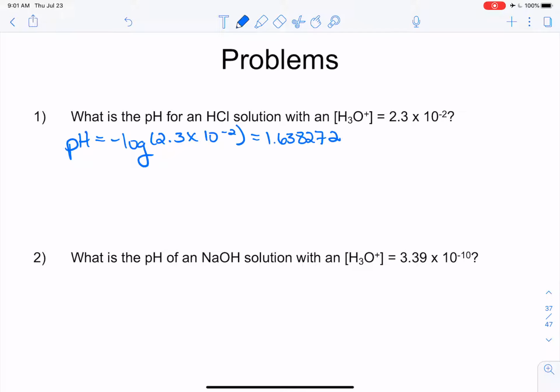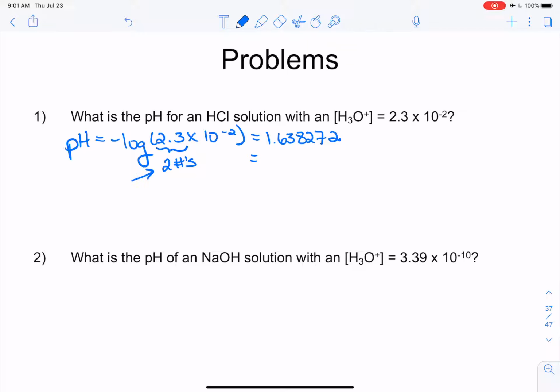1.638272. Now, for significant digits on pH problems, it's a little bit different. So you see how right here in this coefficient, we have two numbers. So when we have a logarithmic answer, what we want to have is the same number of numbers to the right of the decimal as we had in the coefficient of the original number.